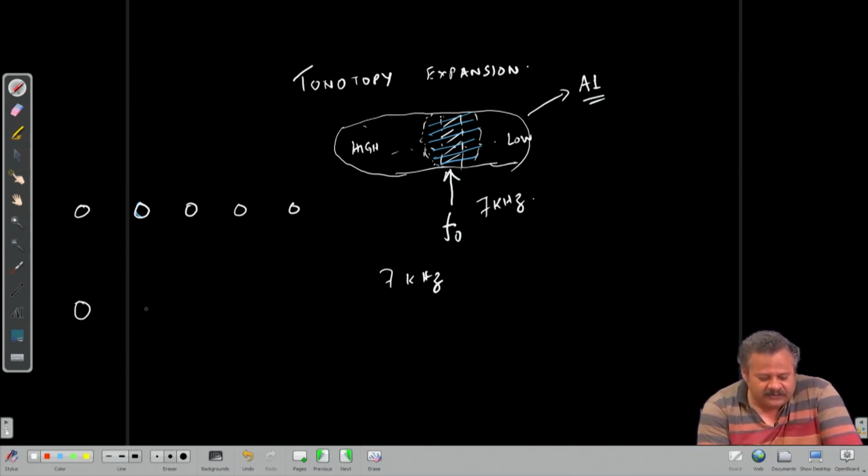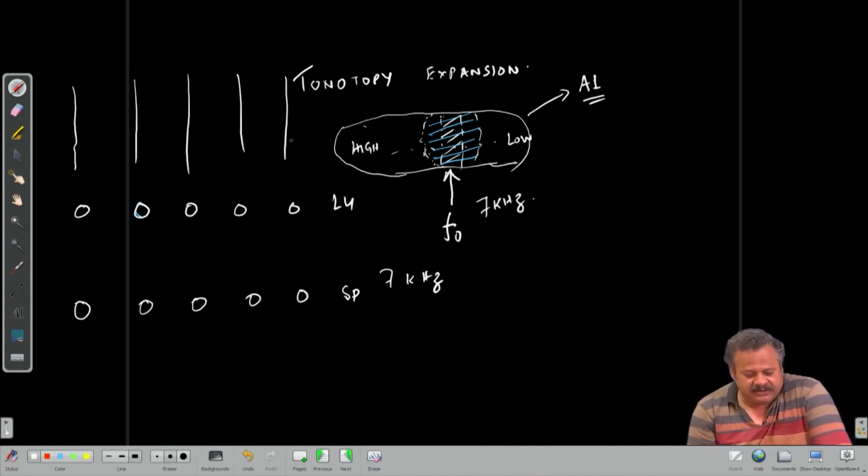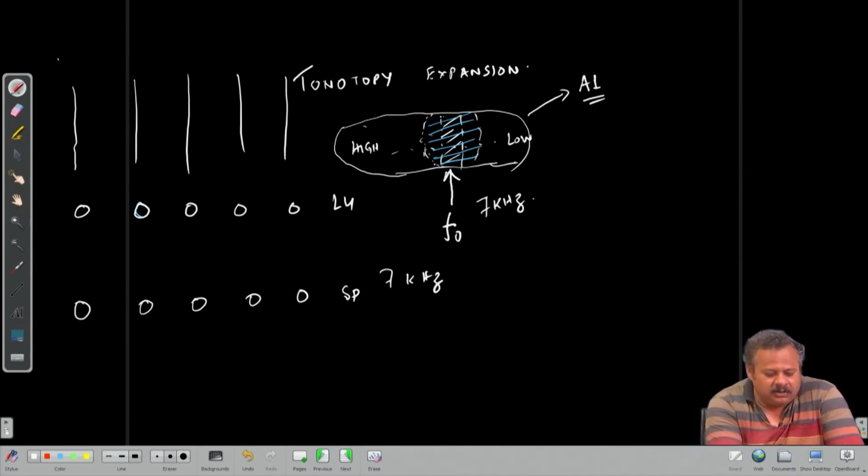And let us say you have subplate neurons here. So, this is the subplate layer, this is the layer 4 layer, and these are the different frequency channels, from low frequency to high frequency.